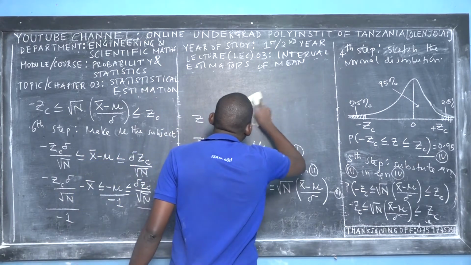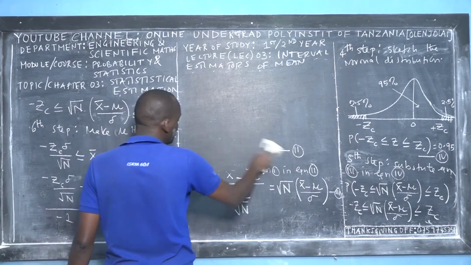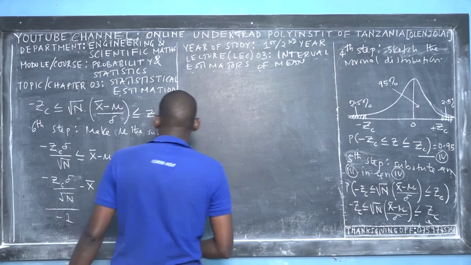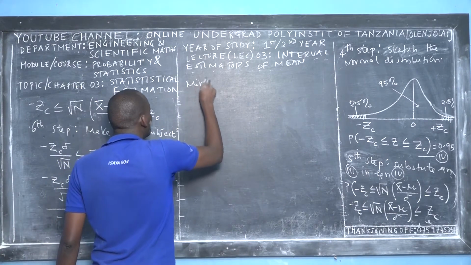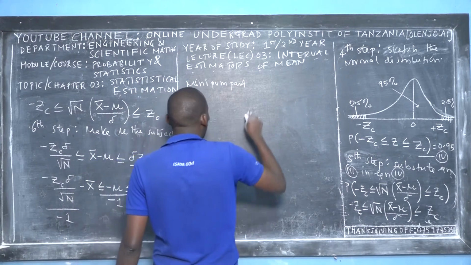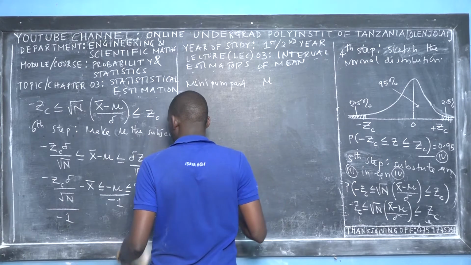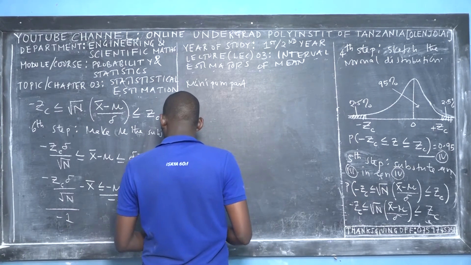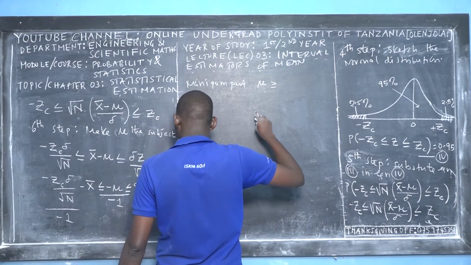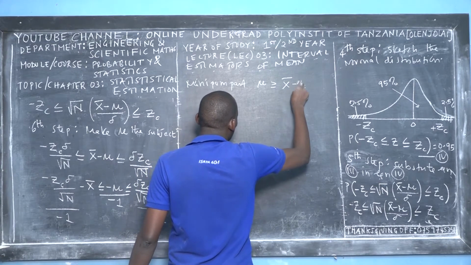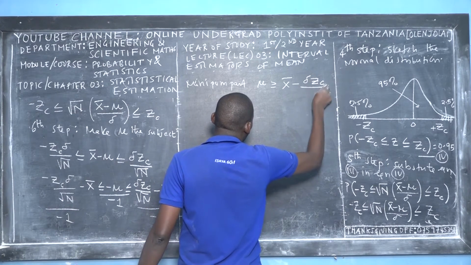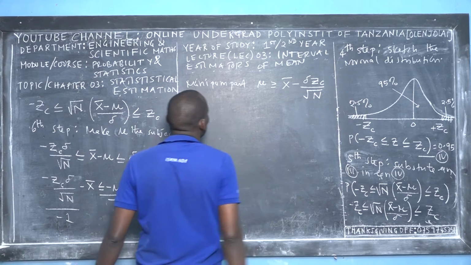we have the minimum part and the maximum part. For the minimum part, the population mean will be greater than or equal to the sample mean minus the standard deviation times Zc over the square root of the sample size.